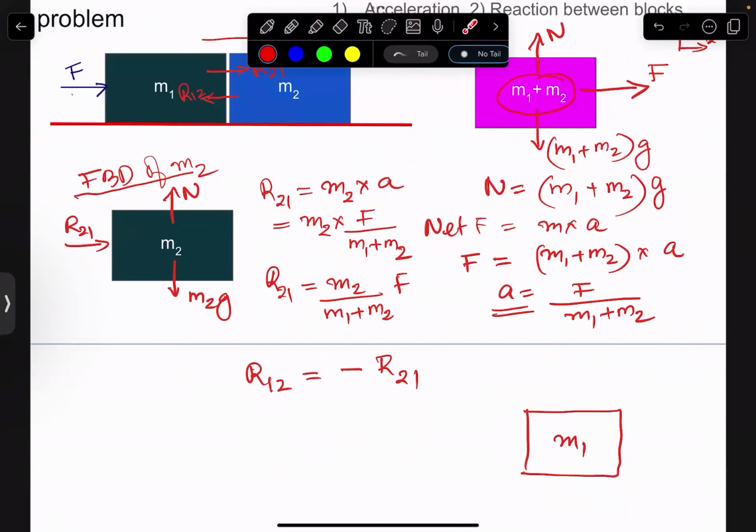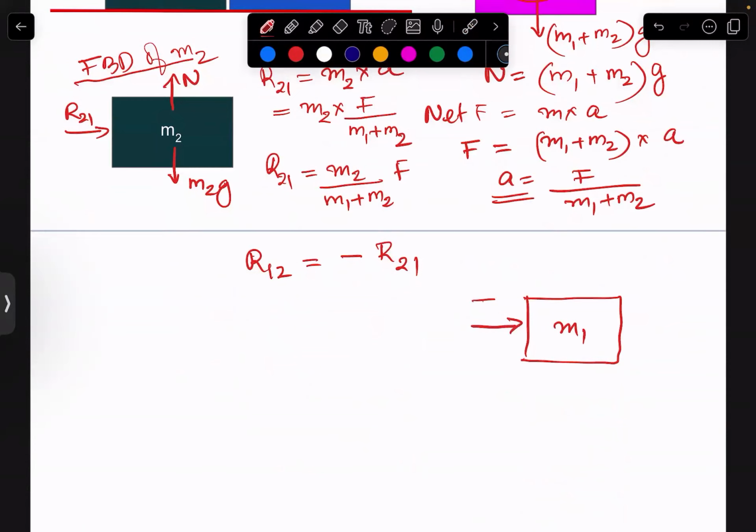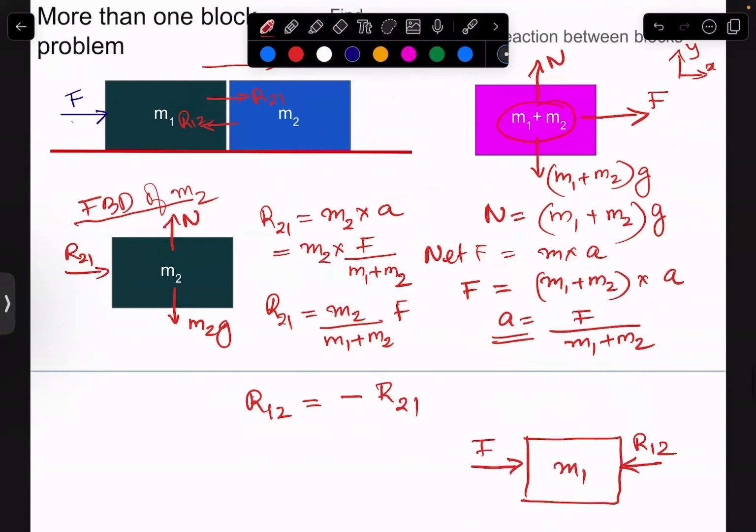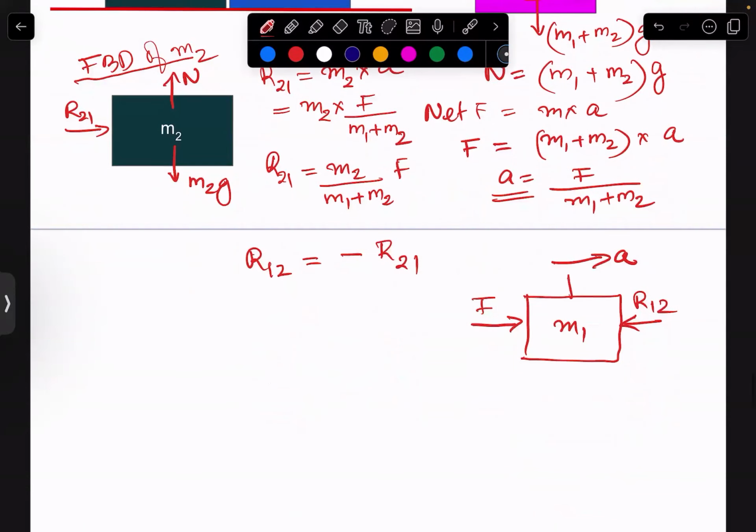So we will draw these external forces: one is F, and another is R12, and this is going at an acceleration A, and this is the reaction force and the weight of the body, M1 g.